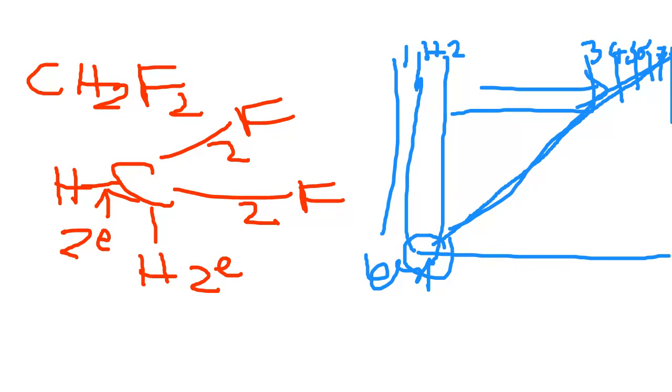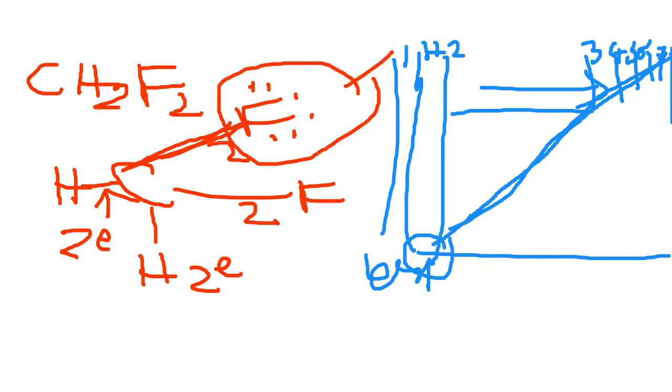So 8. Carbon is happy. Hydrogen got a duet. Hydrogen is happy. Now let's consider fluorine, because fluorine has 7. So fluorine has 2, 2, 2, so that's 6, and it has 1, and this one is shared with carbon here. So now fluorine also has 8, and fluorine is also happy. So this is how a covalent bond forms.